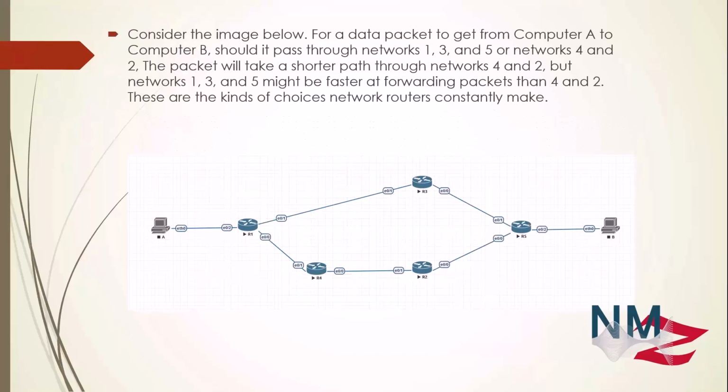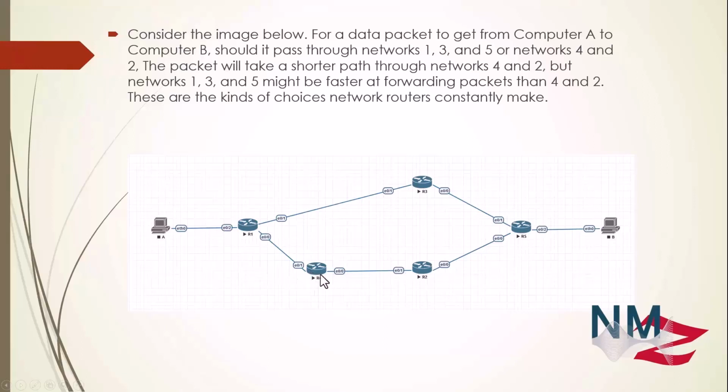Let's get back to the last slide. Here you can see, for example, if I want to ping from computer A to computer B, I have 2 different paths: the first path R1, R3, and R4, and the second path R1, R4, R2, and R5.